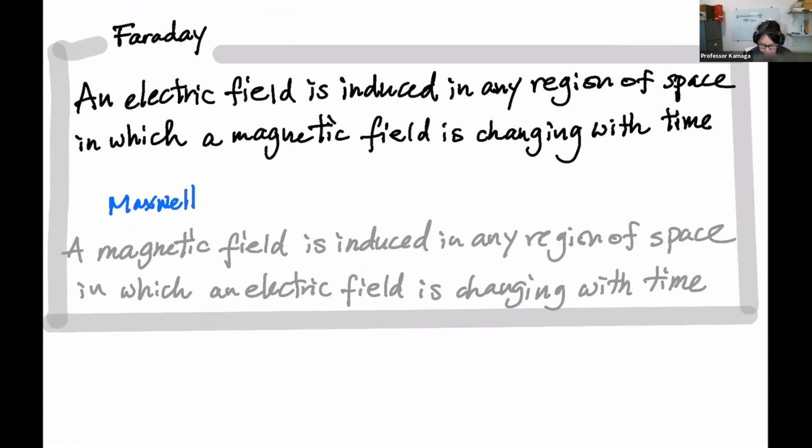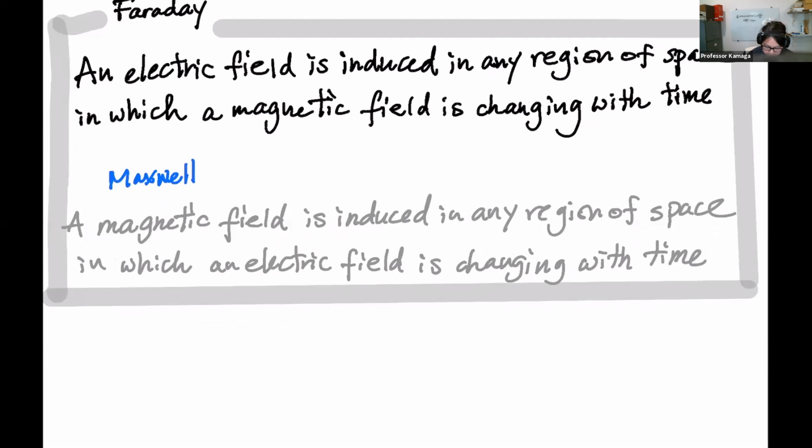Let me just write out Maxwell's equations. You don't need to know them, of course, but here Maxwell actually put these two together and made them into equations. Divergence of E equals rho over epsilon naught. This one shows that if you have a monopole, one charge, then it generates an electric field everywhere in space.